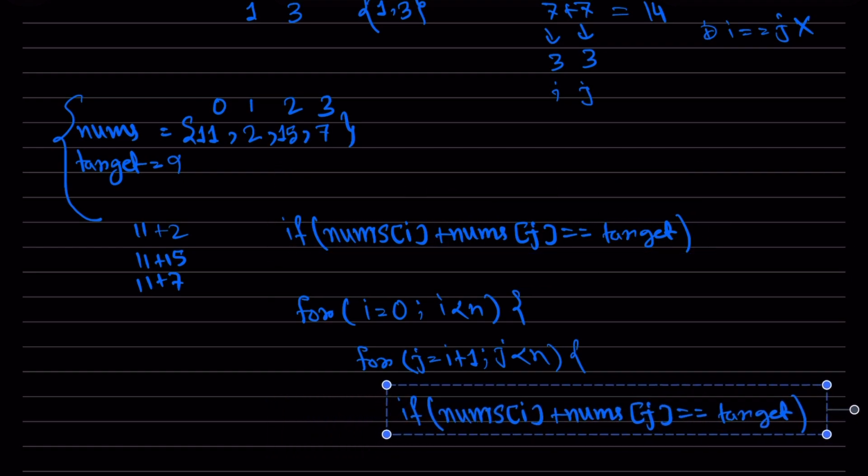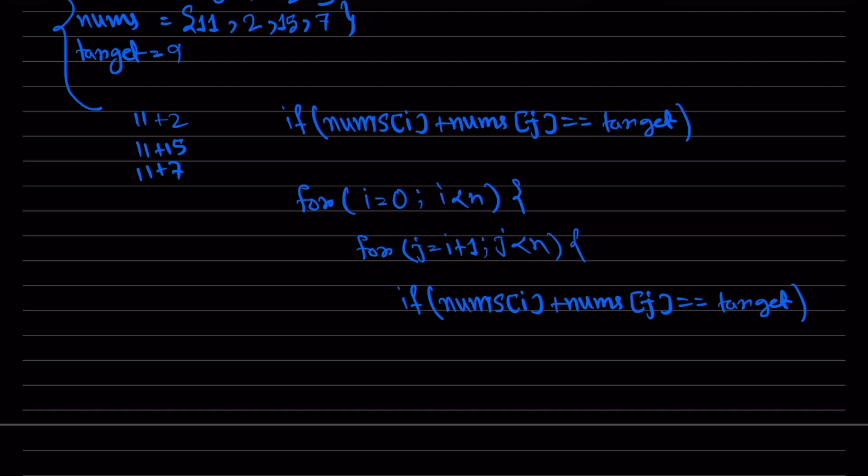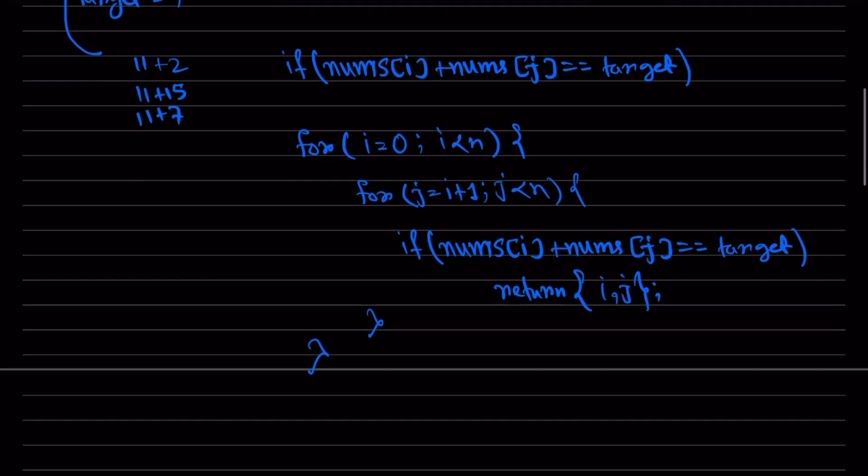If it is satisfied, then we have our desired solution i comma j, and then we can close the parentheses. This is how we generate all the possible pairs, and alongside generating, we check whether the sum equals the target, and if so, return my valid pair of i and j immediately, since we have only one solution. If not, it runs through all the for loops and eventually just returns an empty array.